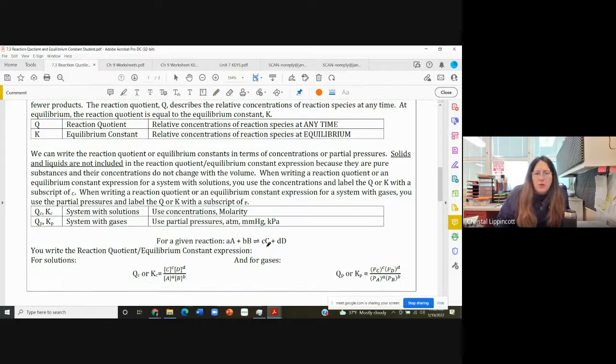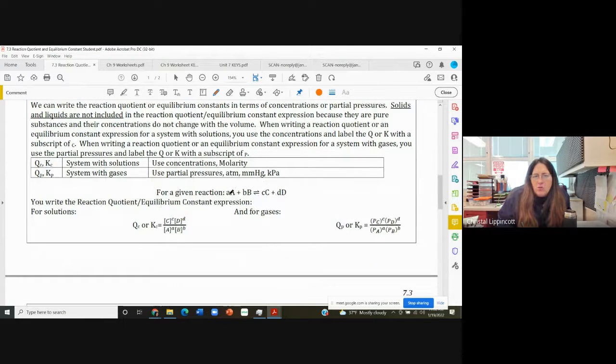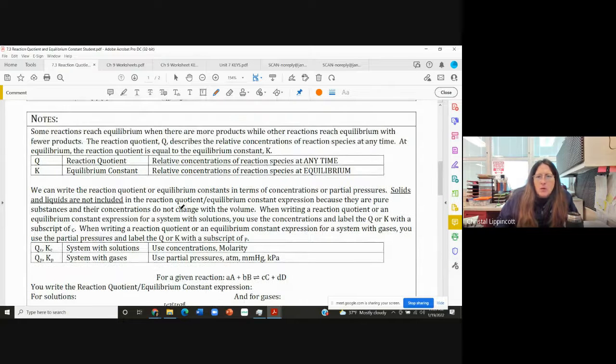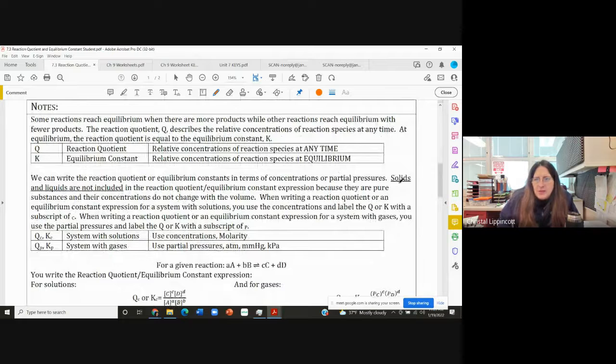Okay, so how do we write them? This little letter here is your coefficient. And this is going to be the concentration or the pressure, whichever one it is. Now, there are certain things that we don't put in these expressions. When we are writing these, if it is a solid or a liquid, we do not include it.